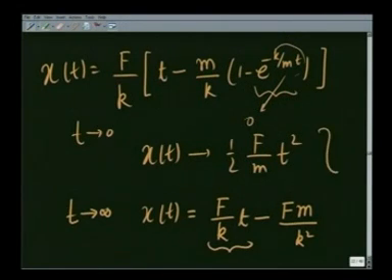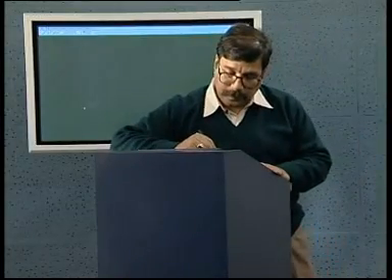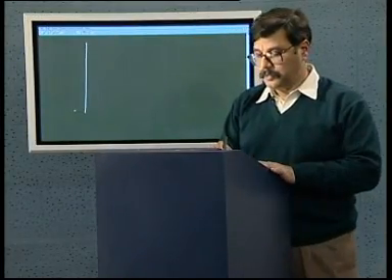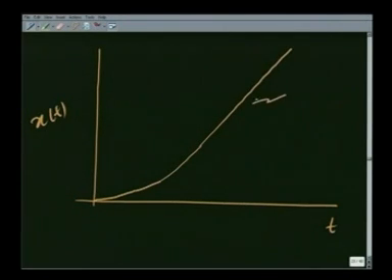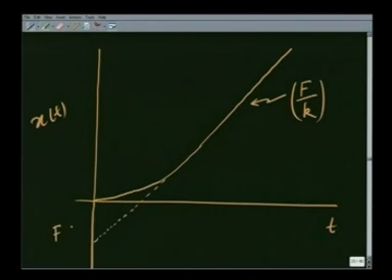So, therefore, if I combine the two and plot x t versus t, initially it is going as t square, and finally, it goes as a straight line with slope F over k, which is nothing but the terminal speed and which cuts the y axis somewhere here, which is nothing but F m over k square.